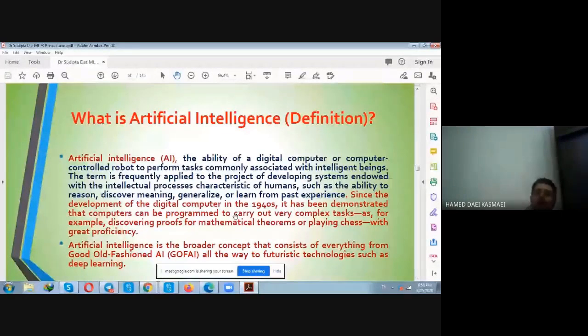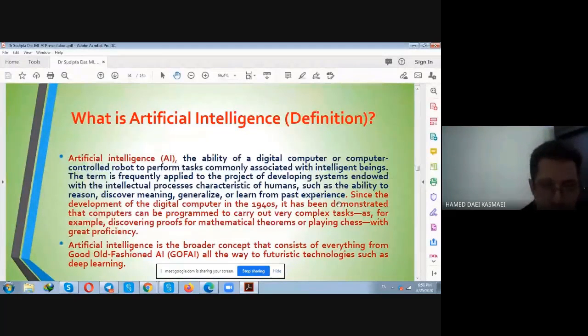So you can make a prediction, you can perform a task, for example a predefined behavior or pattern, based on your past experience by artificial intelligence, and then you can use it in a digital computer, making it systematic or digitalized.